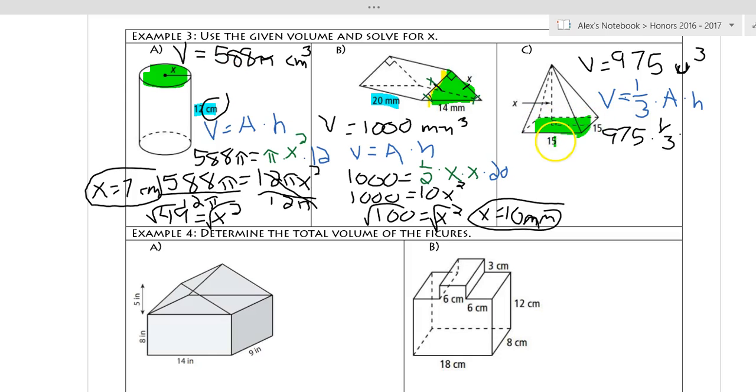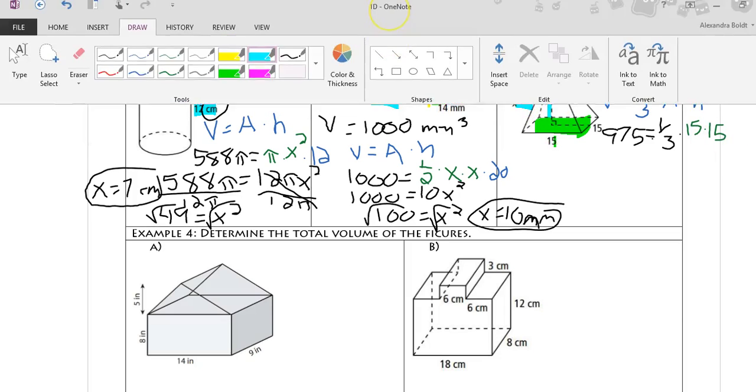It's a square that's 15 by 15. So that's times 15 times 15. And then my height, that's what's x.